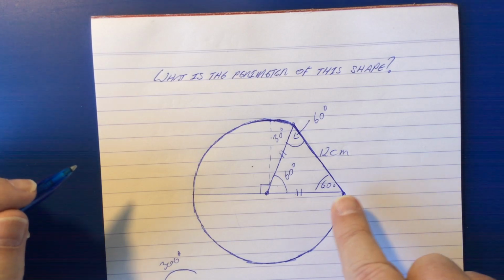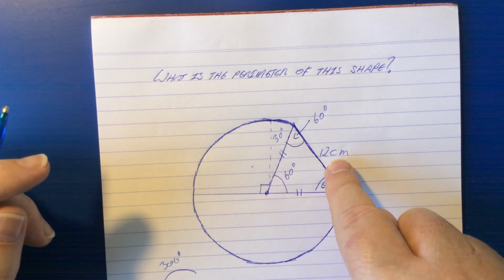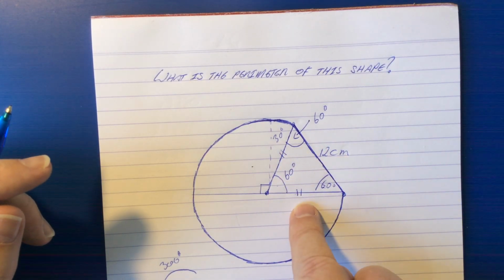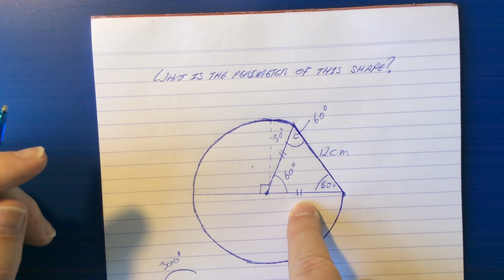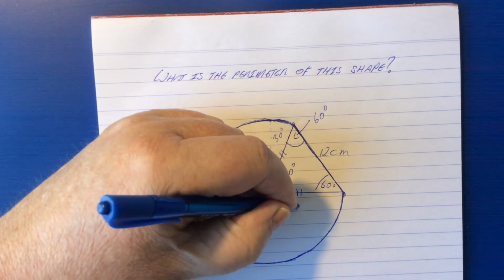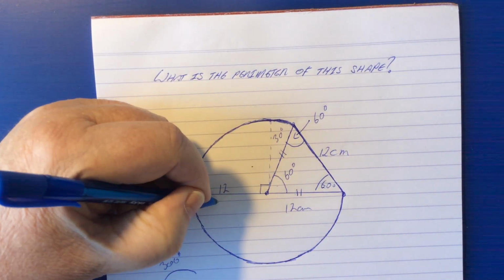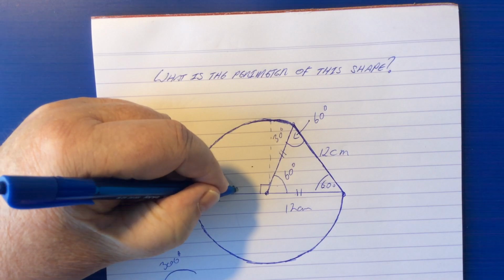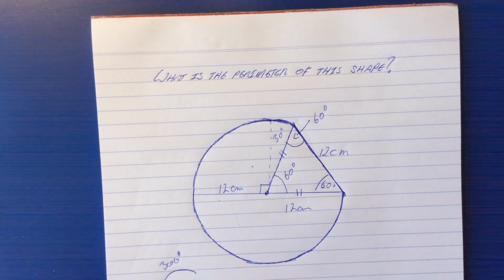And from this equilateral triangle, we know that if that is 12 centimeters, that is 12 centimeters. So we now have a measurement for the radius.